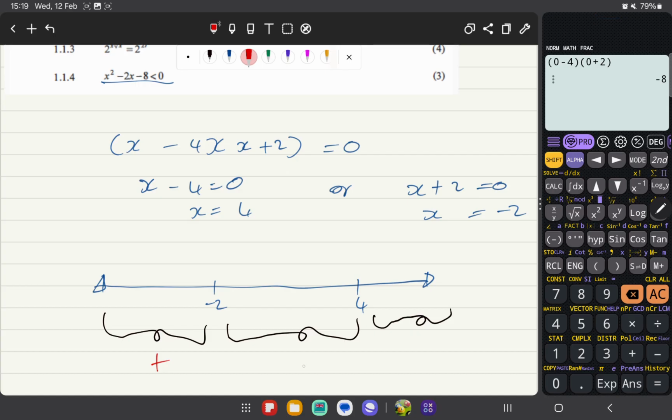If I take a 0, I'm getting a negative, meaning any number between minus 2 and 4, if I substitute it into my expression, gives a negative answer. Remember, we care about the sign, not the magnitude. Now any number greater than 4, let's say 10, I get a positive answer.